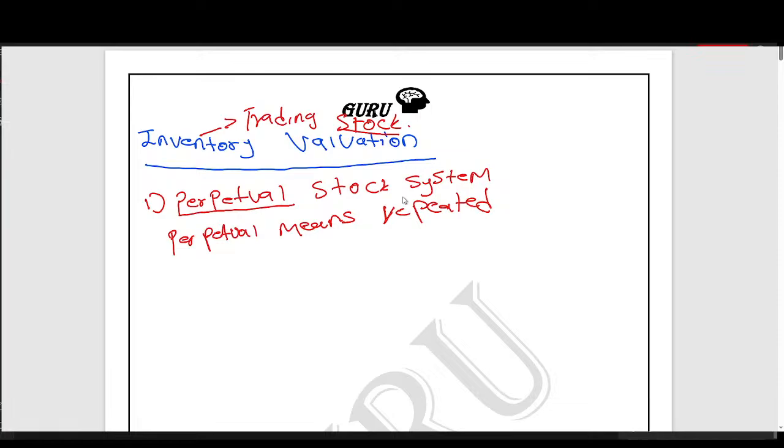In order for a business to use a perpetual stock system, they must have a computerized till.